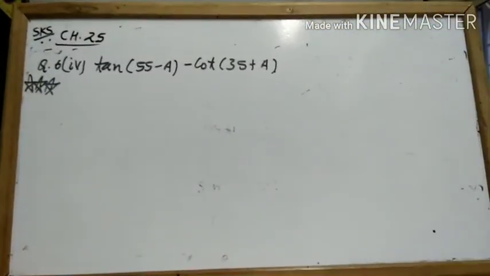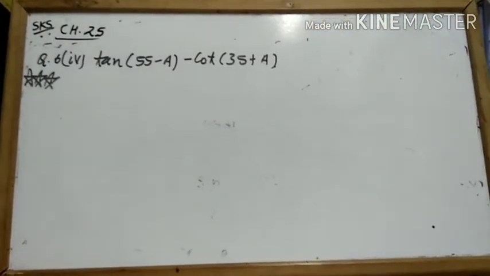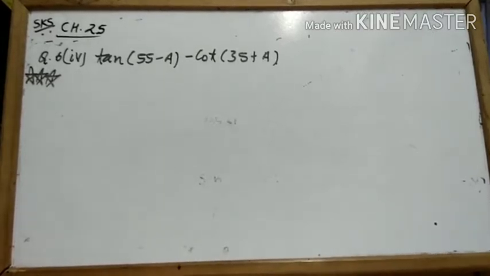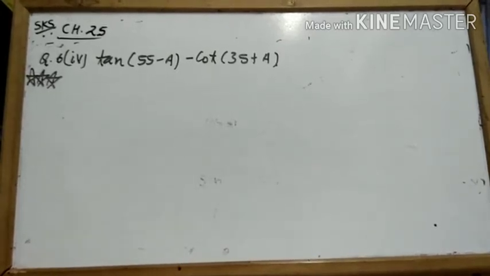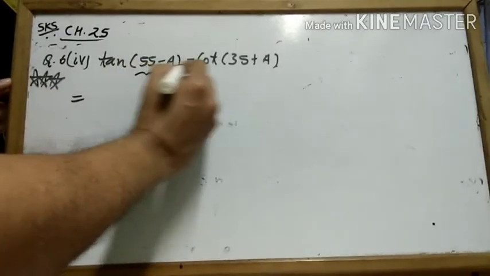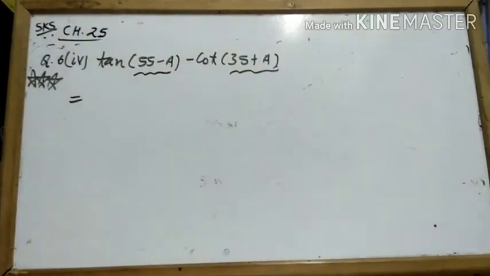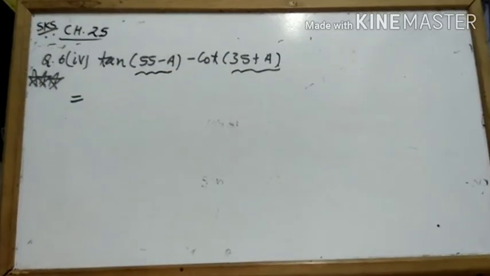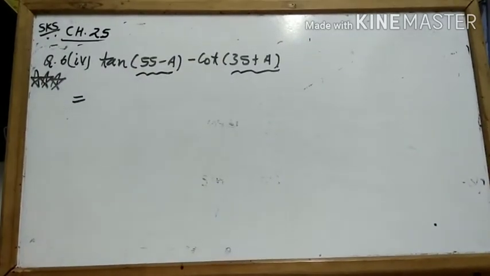Dear friends, I am going to take a very special question, and it's different from the questions we have seen till now. They have given us: evaluate tan (55 minus a) minus cot (35 plus a). Now, if you observe this very carefully, you have a pair of angles. Mentally, if I add these two angles which I have underlined, 55 plus 35 is 90, and negative a plus a is equal to 0.